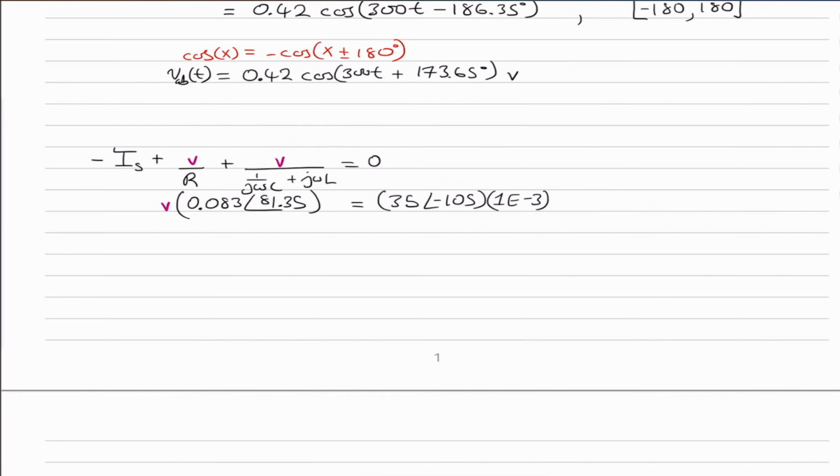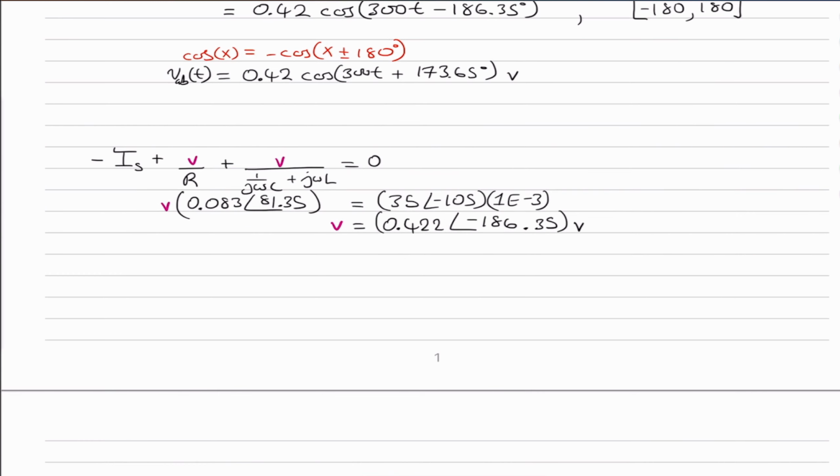So we just go ahead and move that over by dividing. We then end up with 0.422 with an angle of negative 186.35, and that's in volts.